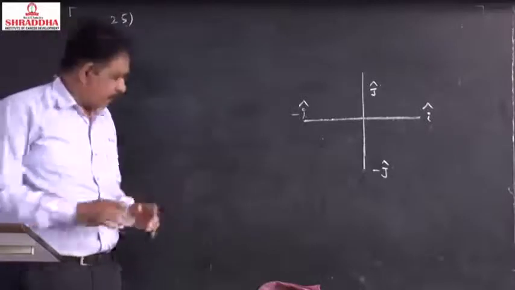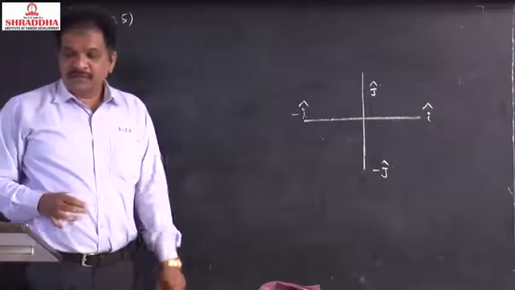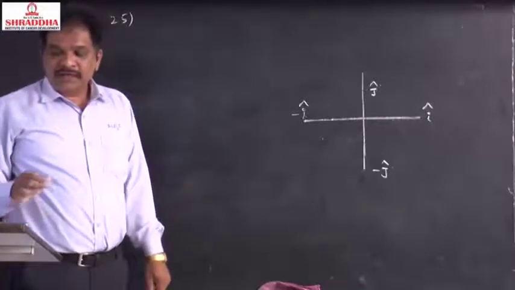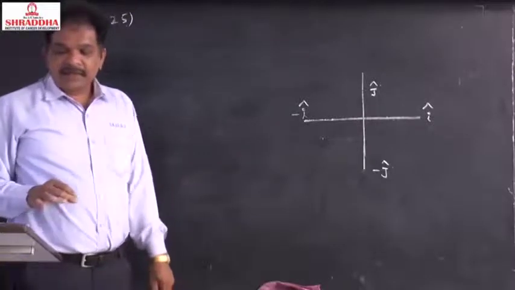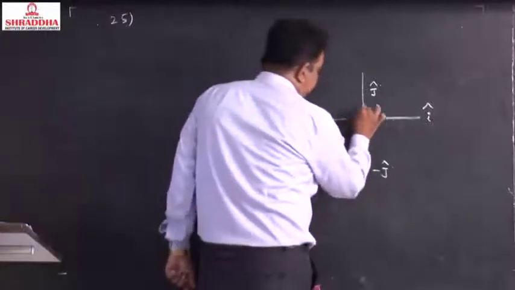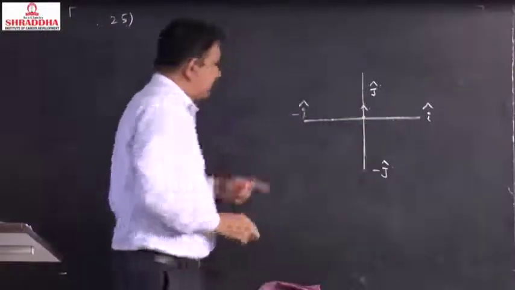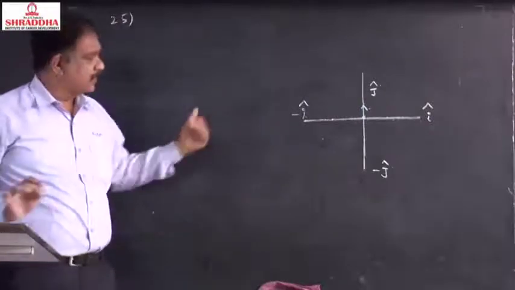Here what they are asking, see, particle started from the origin and it is moving with a velocity of 10j meter per second in the xy plane. So it started moving like this. So it is not having any velocity along the x-axis.